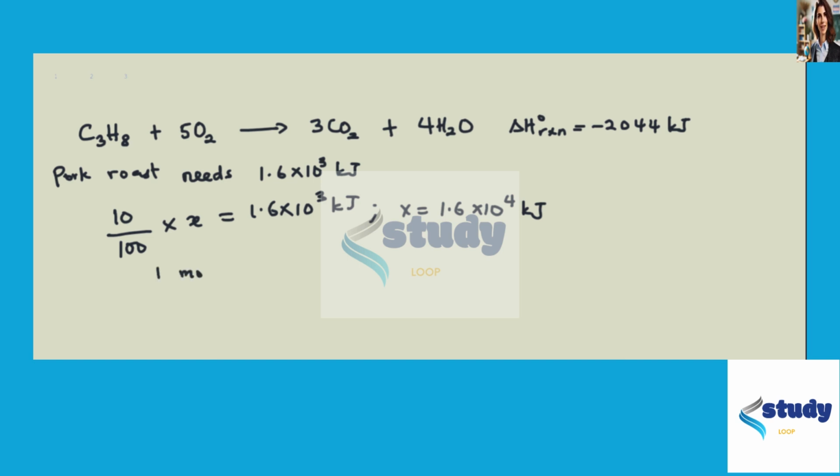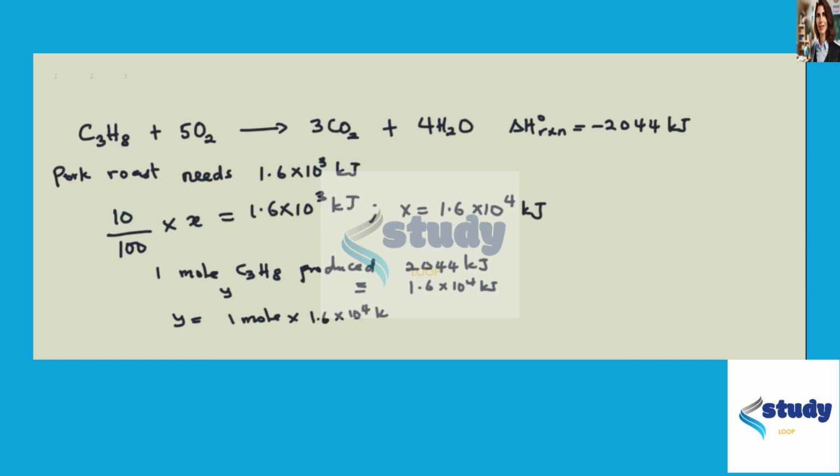Now, 1 mole of the propane produces 2044 kilojoules of heat. Therefore, 1.6 times 10 to the power 4 kilojoules will be equivalent to how many moles? We can call that Y. If we solve for Y by cross multiplying, Y will be 1 mole times 1.6 times 10 to the power 4 kilojoules divided by 2044 kilojoules.